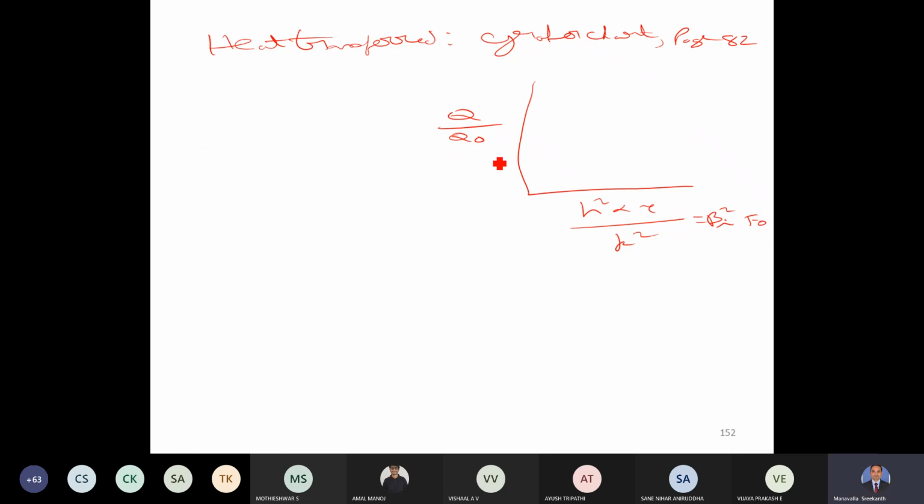So we know Biot and Fourier number, so we can locate the point, and the parameter is hR naught by k, which we also know. So from here we draw a line and read the value of the ratio Q by Q naught. We'll have to estimate Q naught, which is equal to the maximum possible heat transfer.